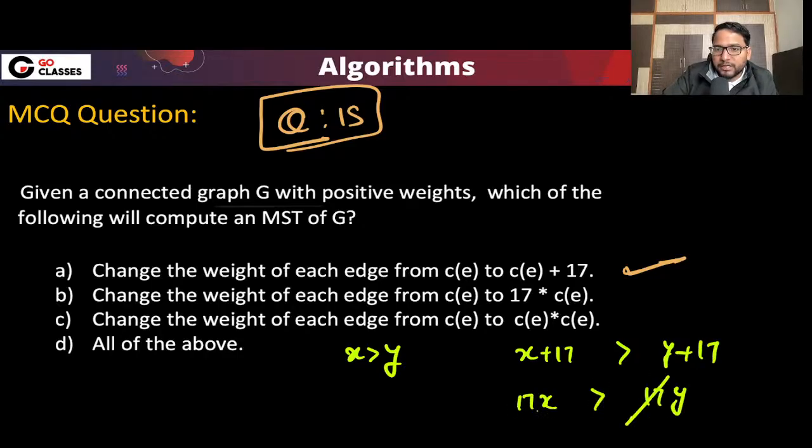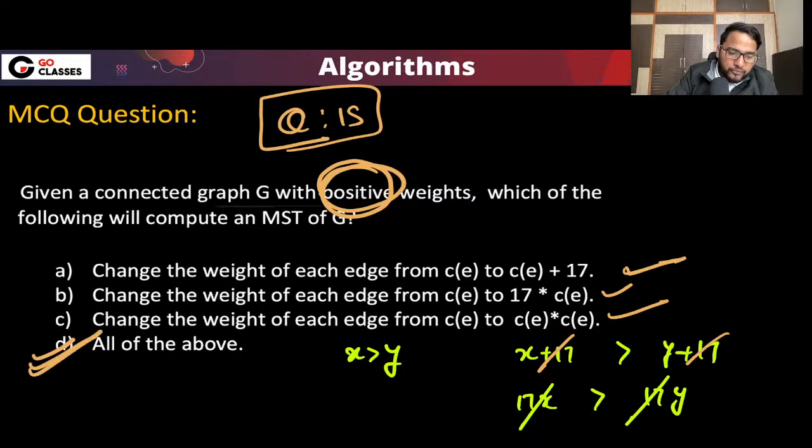You can cut this 17 here, and here also you can cut this 17. Change the weight of each edge by squaring it. We have already seen that if it is positive weights, then square is okay. So that's why all of the above is the answer here.